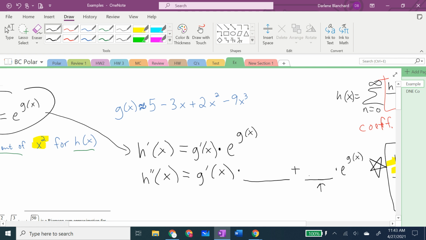So the derivative of g prime will be g double prime. Then this one, I need to take the derivative of this function, but I just did. This is the derivative of that function.